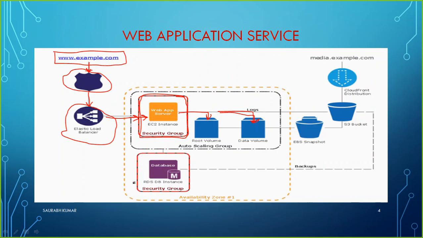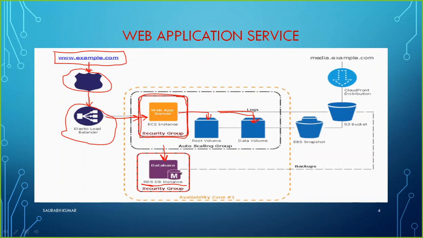That should be stored in a connected database. If you are getting that database service from Amazon, which service are you running? If it is a relational database, you are using RDS. If it is non-relational, you may have DynamoDB. So in this example, I have mentioned an RDS DB instance, database instance.